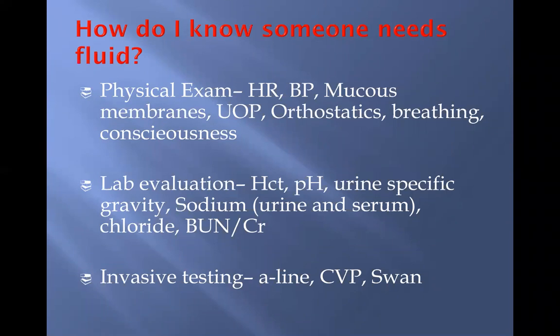And furthermore, blood investigations: hematocrit, pH, urine specific gravity, sodium within urine and within serum, chloride, blood urea nitrogen, creatinine. All these are to be assessed well, reaching the final assessment of the volumic state of the patient.